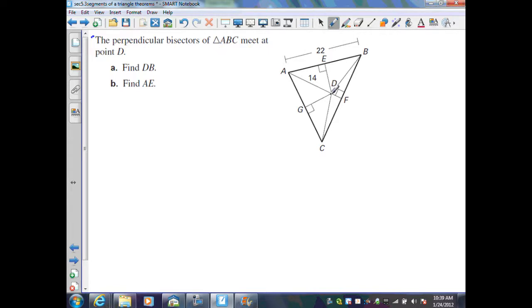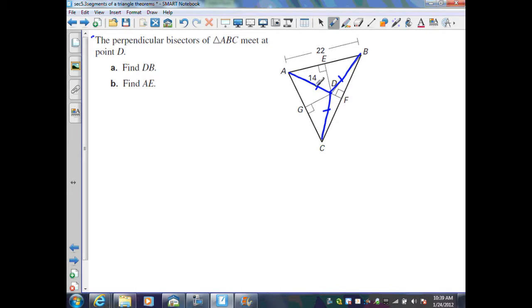In our first example, we're given the perpendicular bisectors of triangle ABC meet at point D. Point D is the circumcenter of the triangle. And from Theorem 5.6, we know that the circumcenter is equidistant to all three vertices. So the segments DA, DC, and DB are all congruent. I need to find the measure of segment DB.